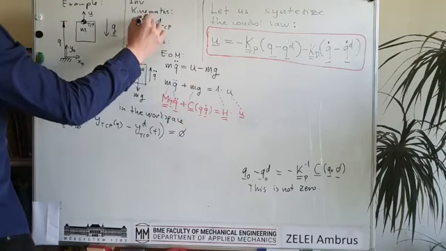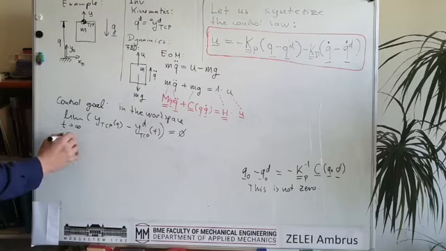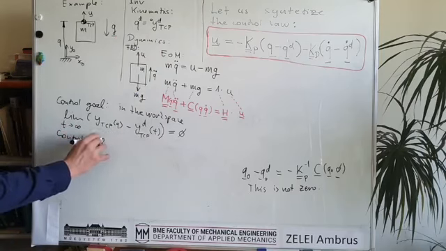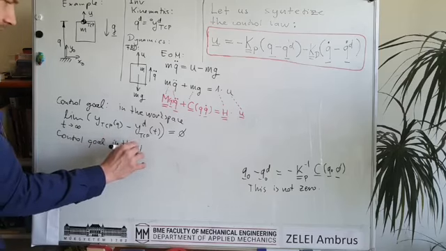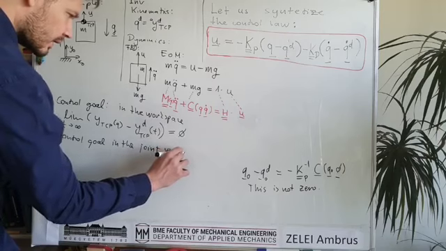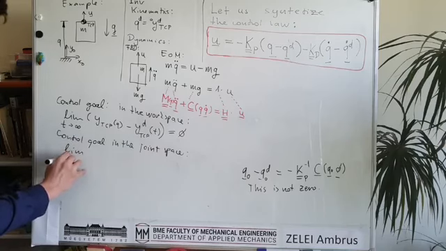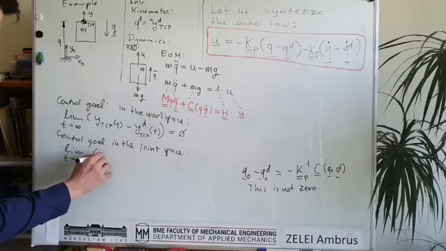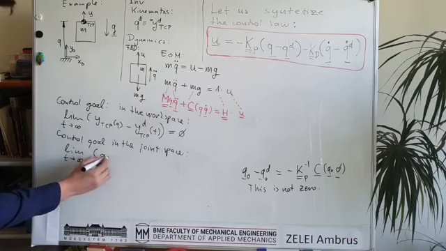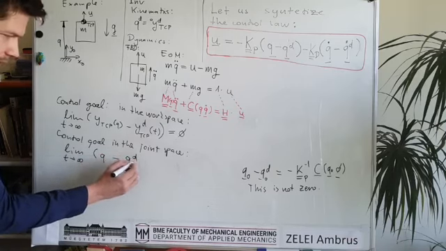Okay, so this is f. So y is a function of q. Here we can see. And we can also say that the control goal in the joint space is something very similar, but here we have the error between the realized coordinate and the desired q coordinate.